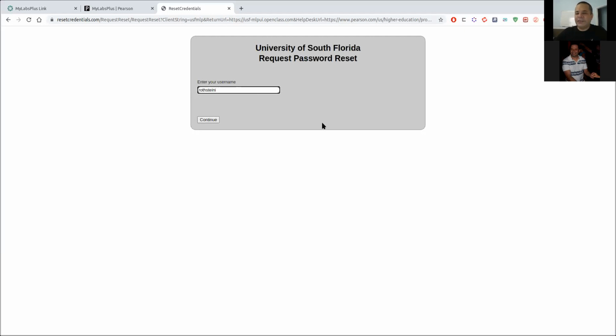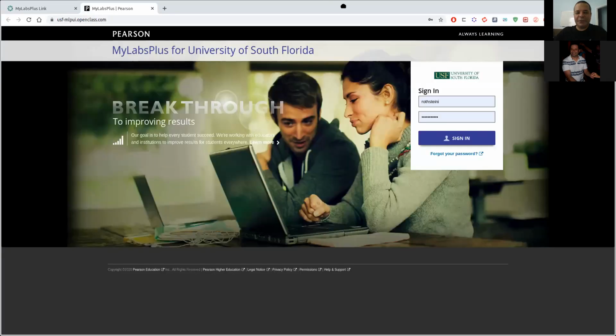And then when I click on continue, it would send me a link to my USF email, and that would allow me to reset the password. I'm not going to do that because I've already recently reset my password and I'm happy with it, and I don't want to do it in front of everyone on video for everyone to see.